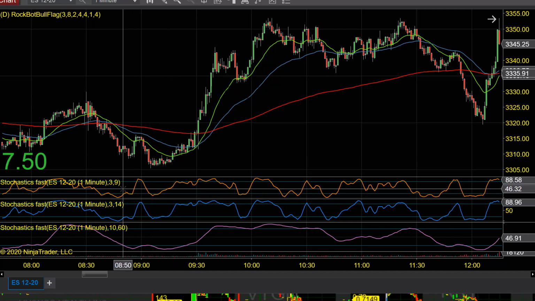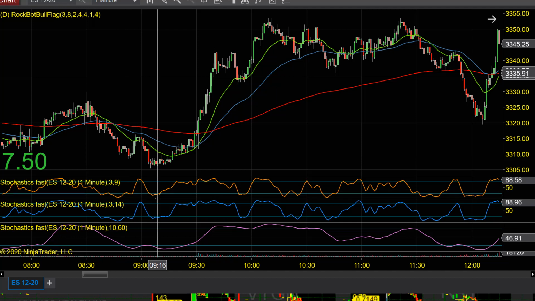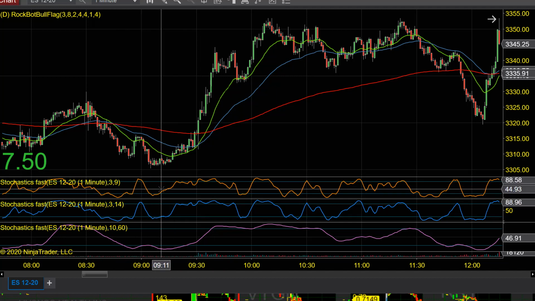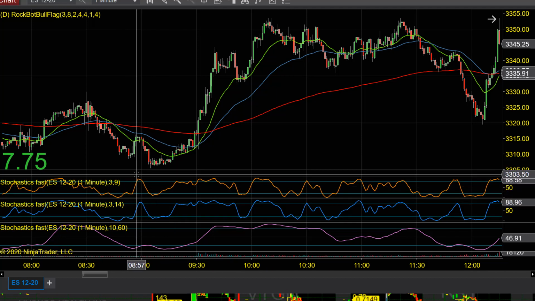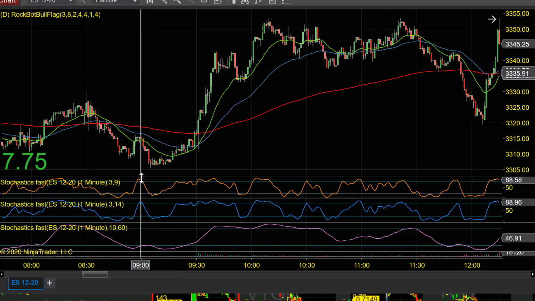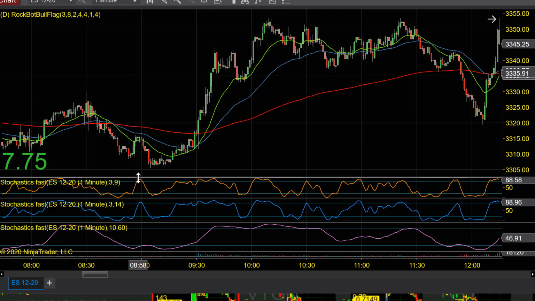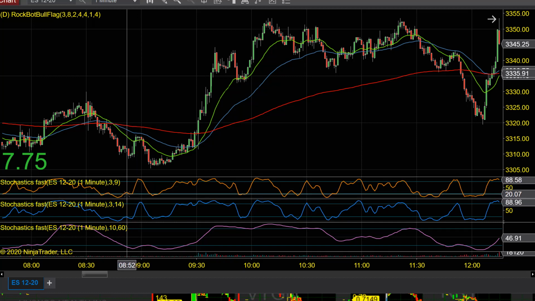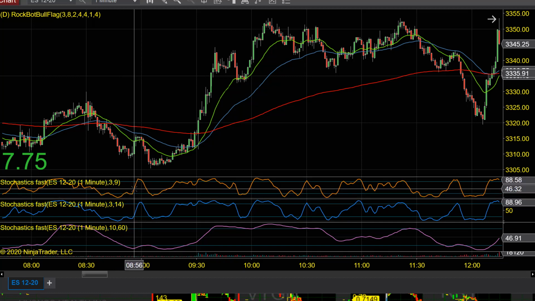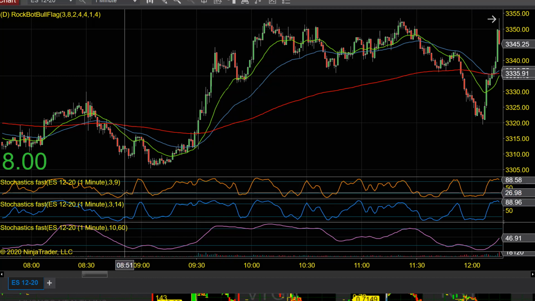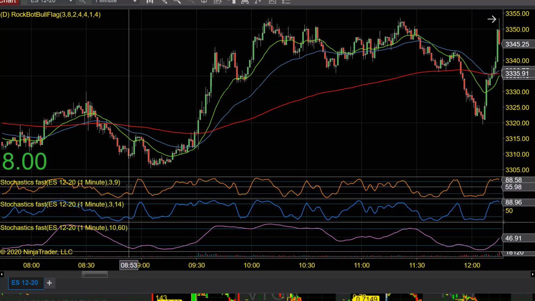On that time frame, 0 to 100 represents the range. The 0 is the low, the 100 is the high, and where the price is heading on each time frame, where it's being measured and averaged in.